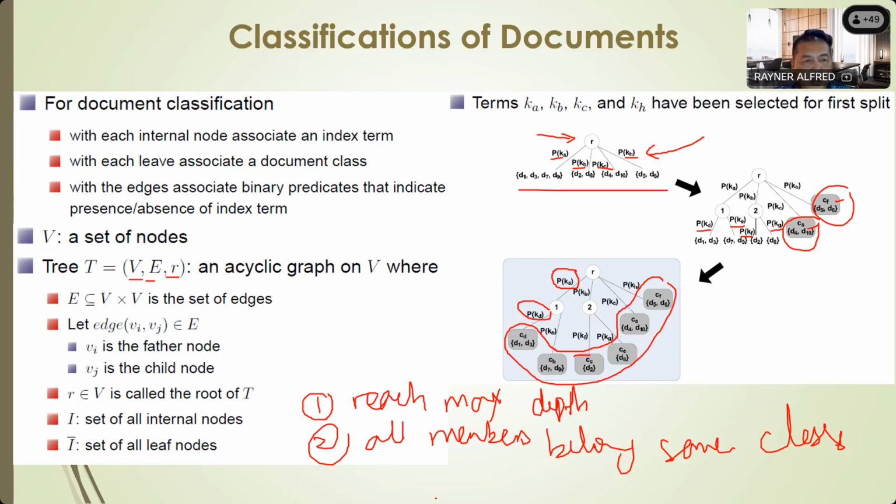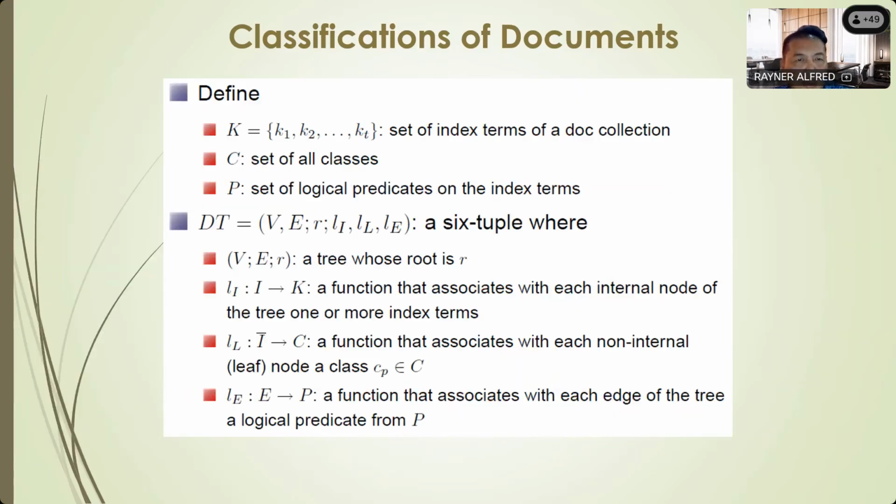So how do we start? What formula do we want to use? Before that, we will define a few things. Before we can start the splitting process, we have to know how many keywords we have, and also how many classes we have. So we have the keywords, we have the classes, and we have the logical predicate of the index terms. This is the expression that we build from the root going down until you reach the class label.